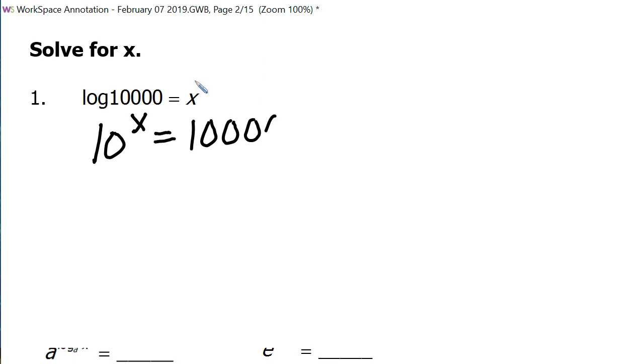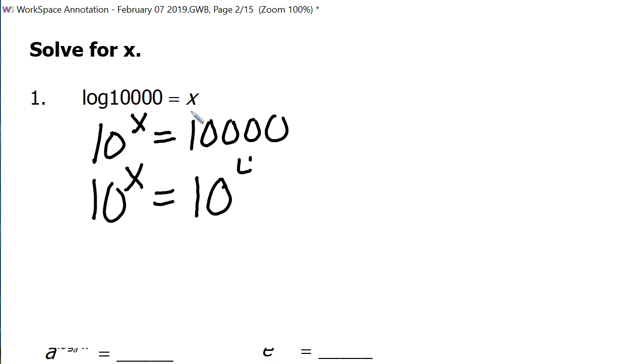Yesterday we solved these by getting like bases. So what would be the like base? 10. So 10 to the x power is equal to 10 to what power gives me 10,000? 4. If the bases are equal, the exponents are equal as well. So our answer is just x equals 4.